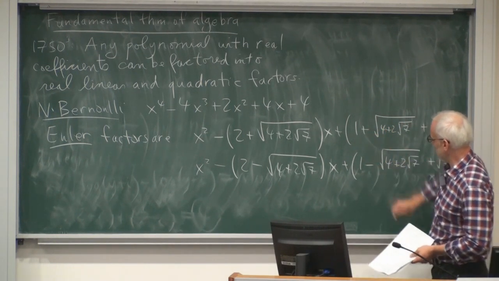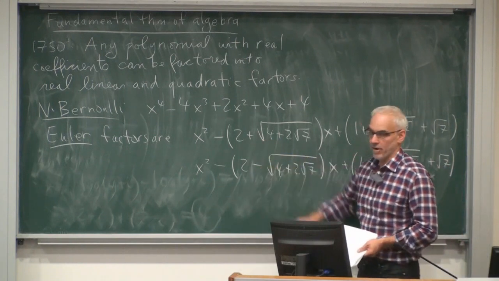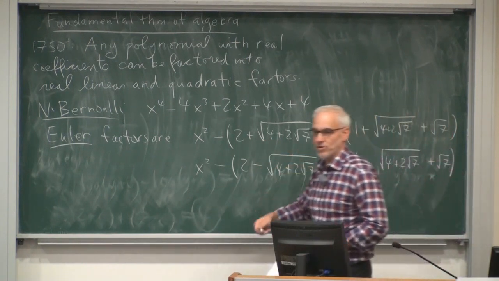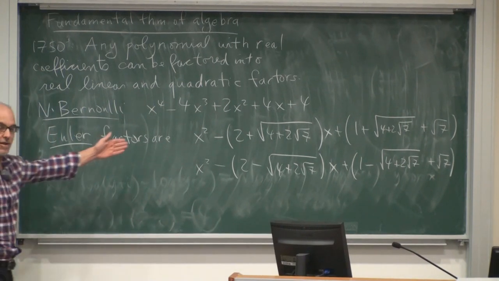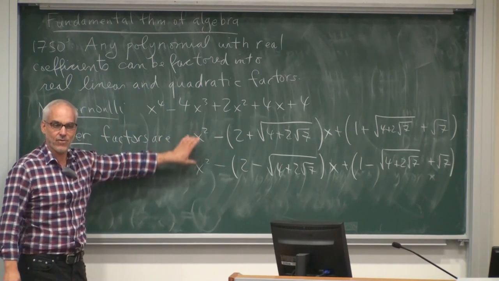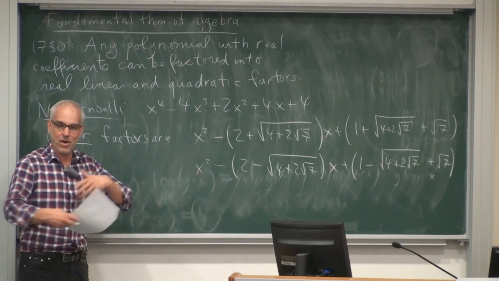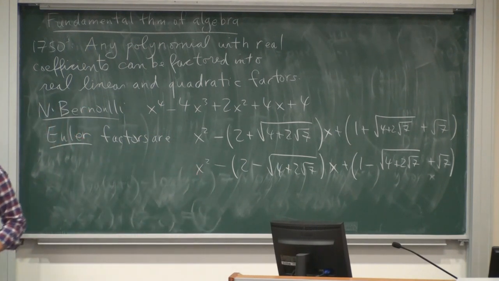So the difference is the plus going to minus there and there. So here are two quadratics. And if you have nothing else to do tonight, you can check that Euler was right by multiplying this one with this one, and hopefully all the complexity will disappear and you'll just be left with that relatively simple quartic polynomial.